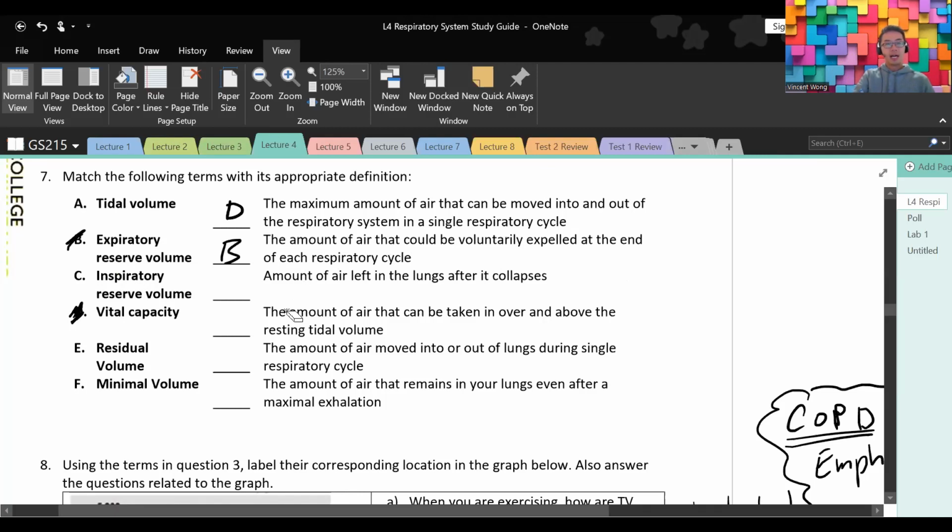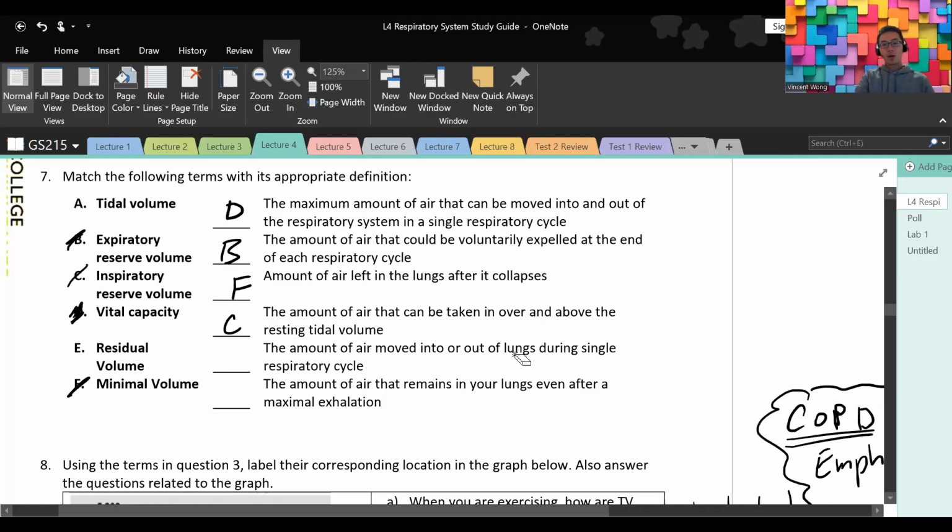Thank you. Amount of air left in the lungs after it collapses, that is the minimal volume. The amount of air that can be taken in above the resting tidal volume, that extra bit of air that you can breathe in, would be inspiratory reserve volume.